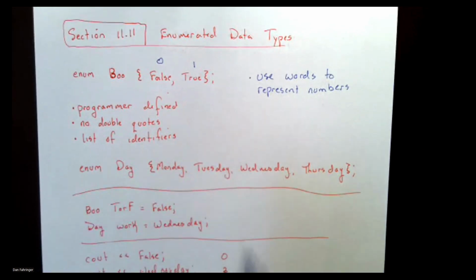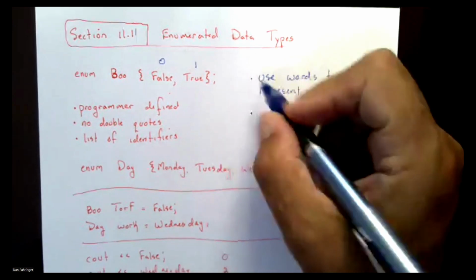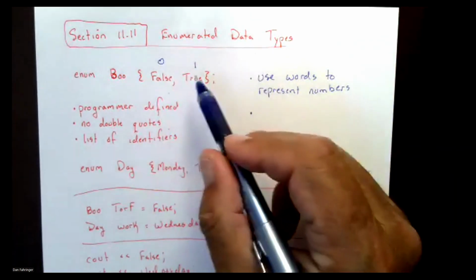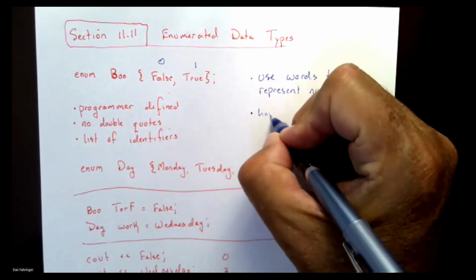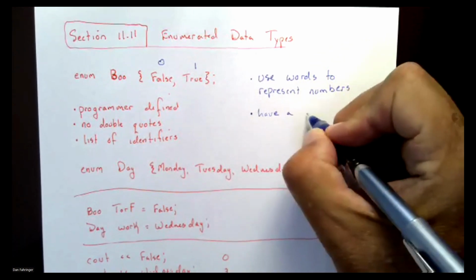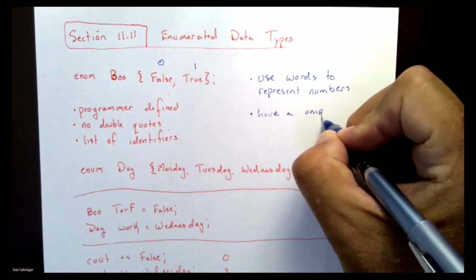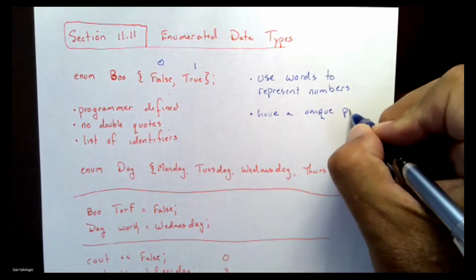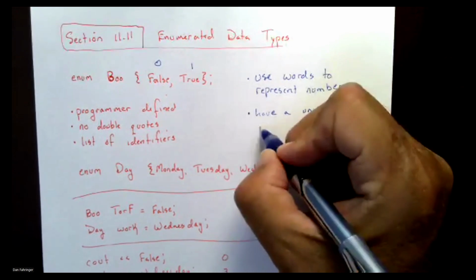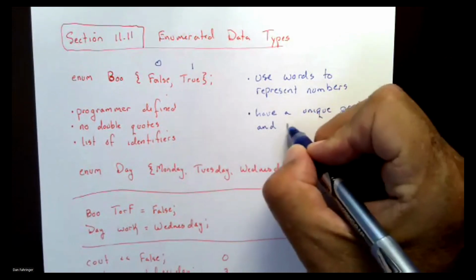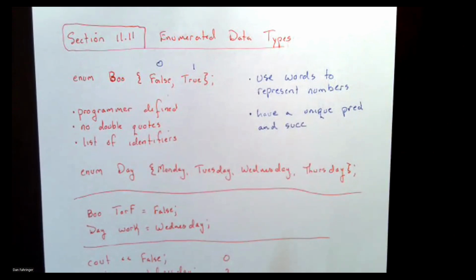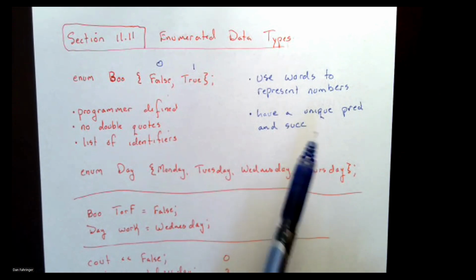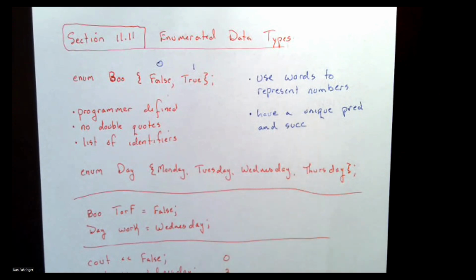Now, something that's going on here: items in an enumerated data type have a unique predecessor and successor. We've seen that before back when we learned about switches. In a switch, I couldn't do a switch with doubles.